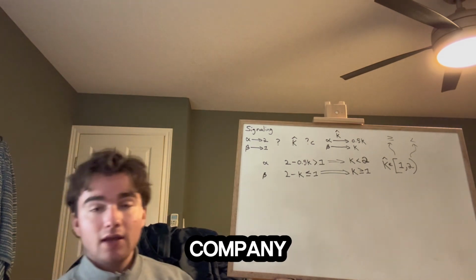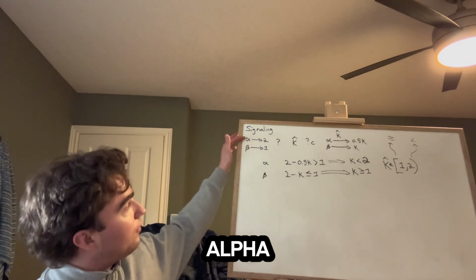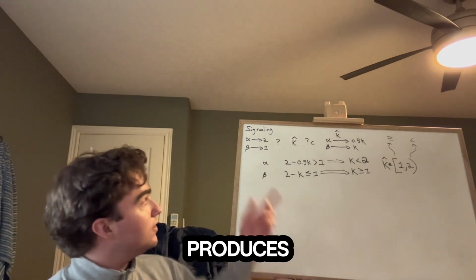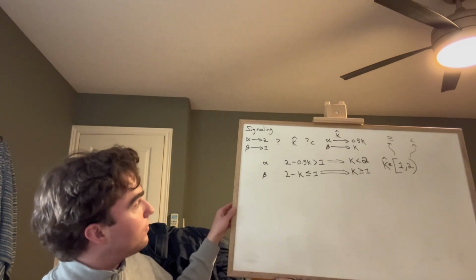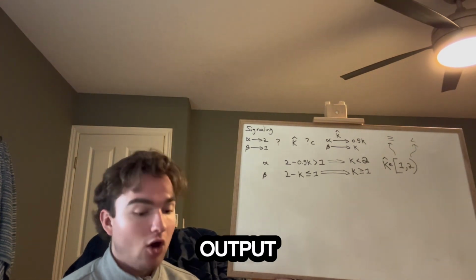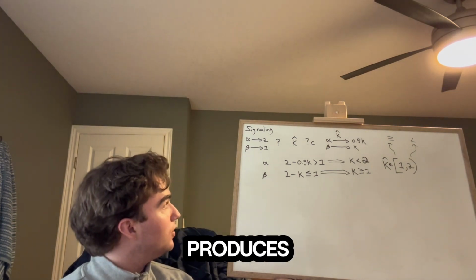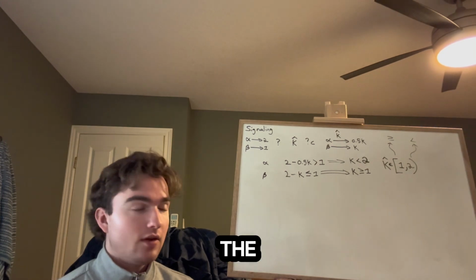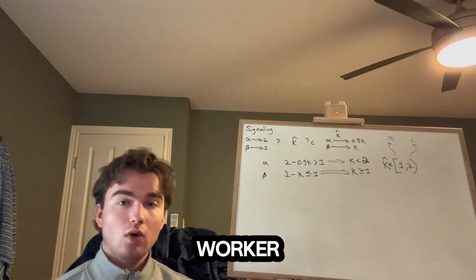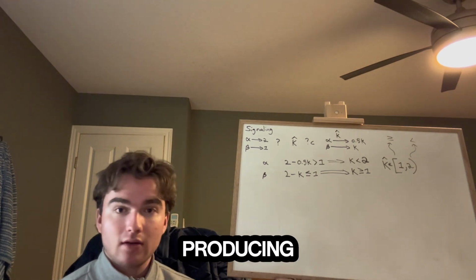So there's a company with two different types of workers, worker alpha and worker beta. Worker alpha produces two output for the company, and beta produces one. The company wants to pay each worker relative to how much they're producing, okay?